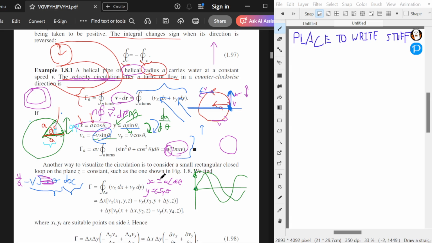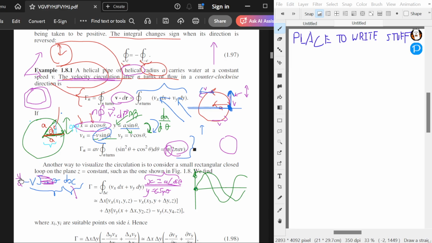I need y in terms of x. I bet there's some way to be like x squared plus y squared equals a squared, but I feel like that's too complicated. I can just differentiate this with respect to theta, I think.